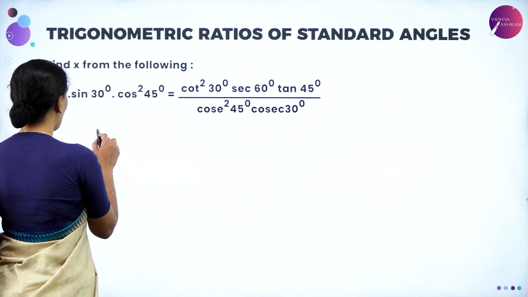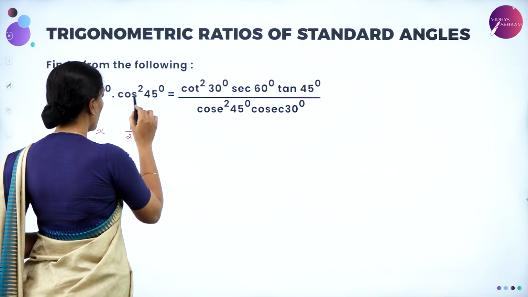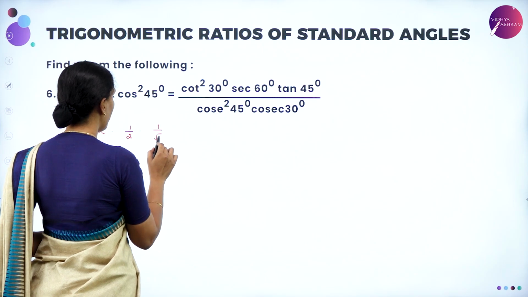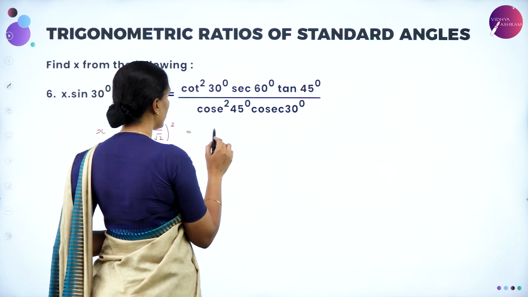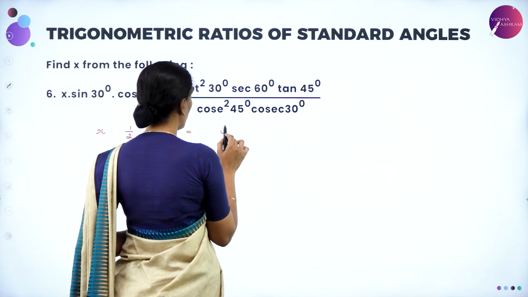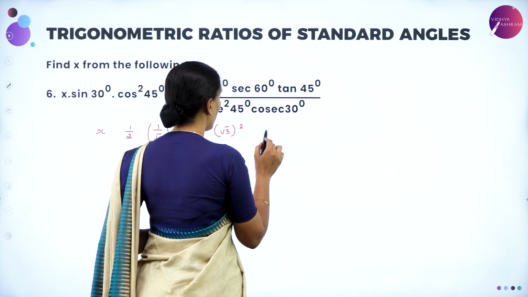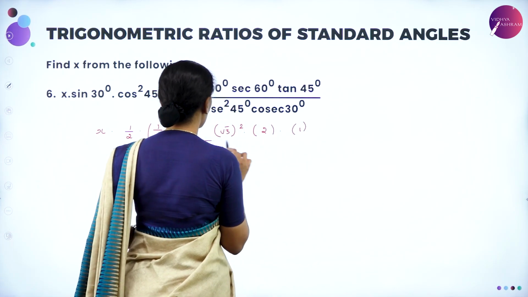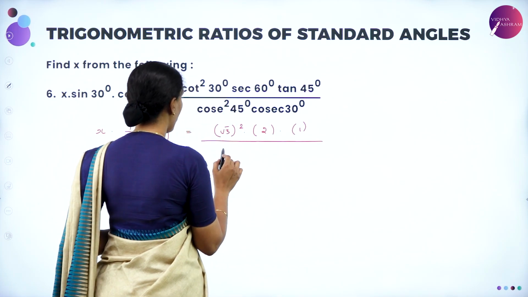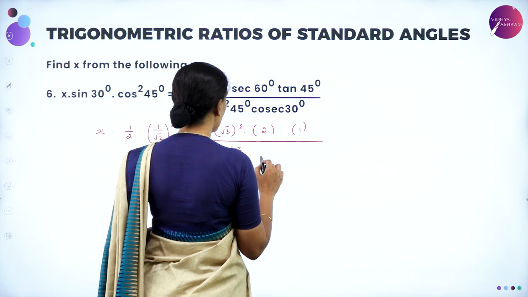So let us write the values: x into sine 30, 1 by 2, cos square 45, 1 by root 2 whole square, cot square 30, root 3 whole square, secant 60 degree 2, tan 45 degree 1, cosecant square 45 degree is root 2 whole square, cosecant 30 degree is 2.